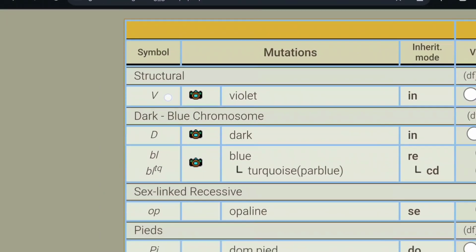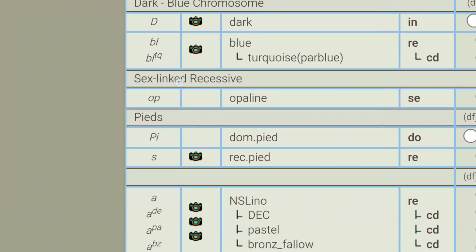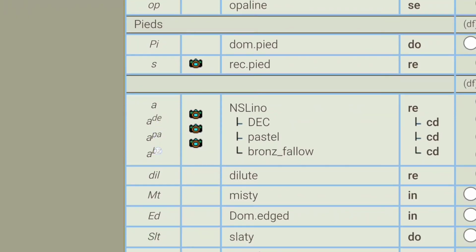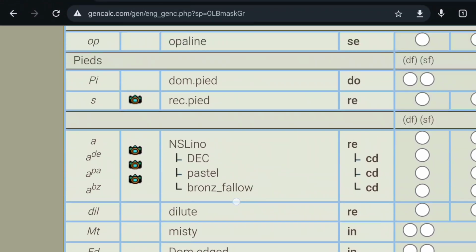V stands for violet, D for dark, BL for blue, and like that. OP for opaline, PI for pied, and all that. Then we have MT for misty, ED for edged, SLT for slaty, PF for pale fallow, and Ewing.